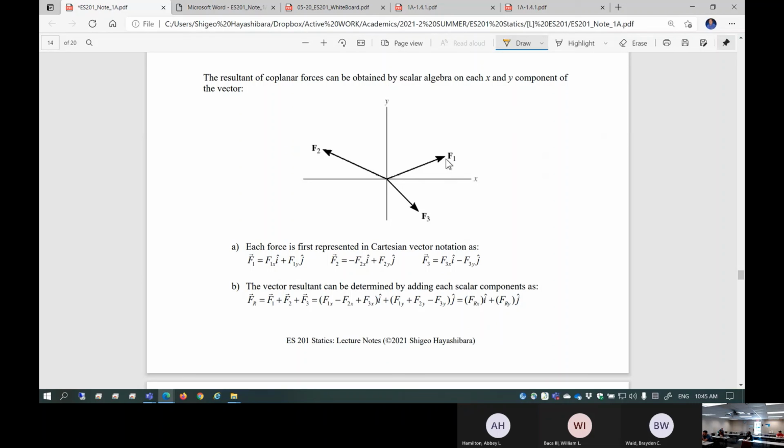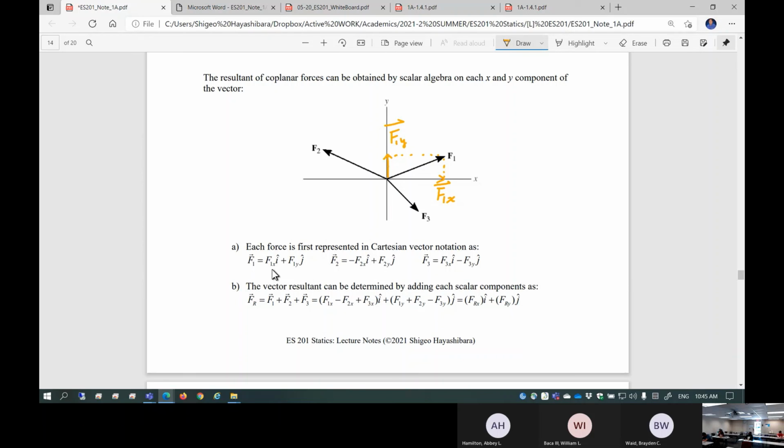You represent each vector in Cartesian. In other words, F1 can be dissolved into two force vectors. This is F1x, right? F1's x direction coordinate component. This is F1y, F1's y direction component vector. So each one of those forces can be resolved into x and y direction components just like this.